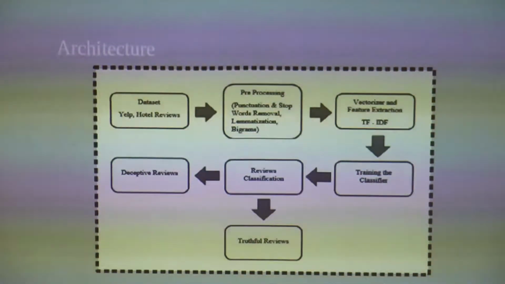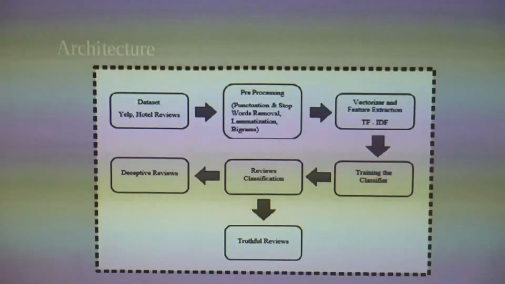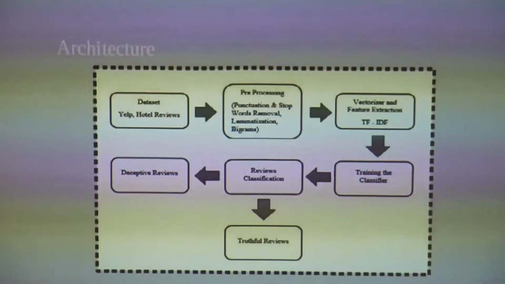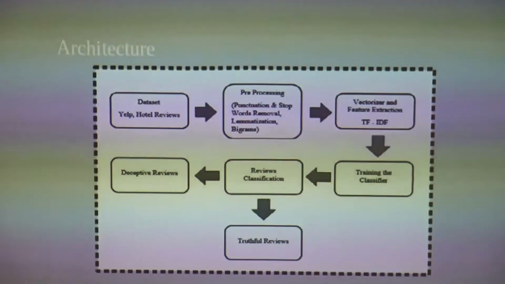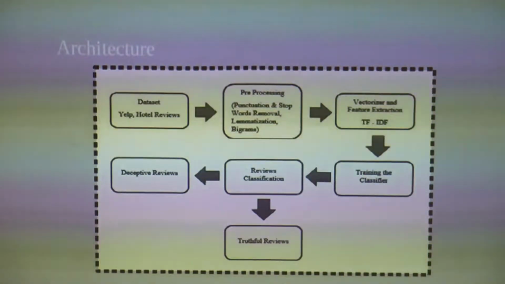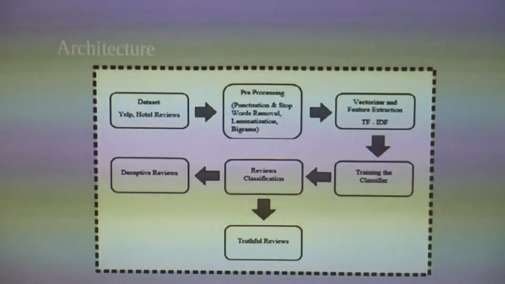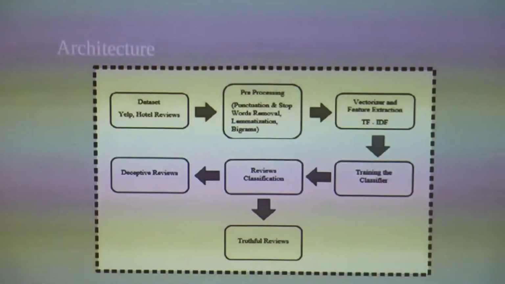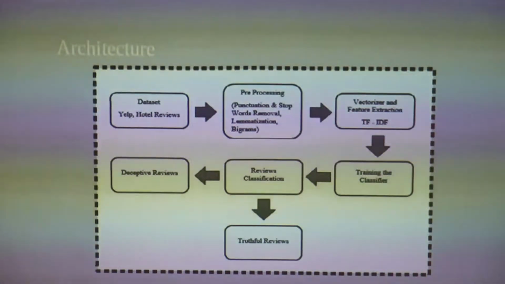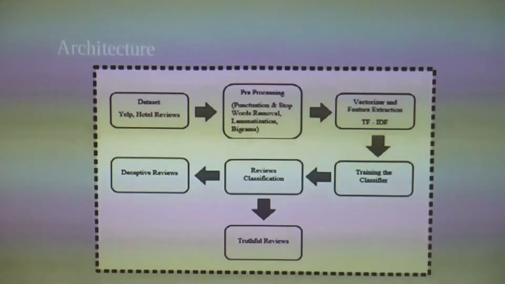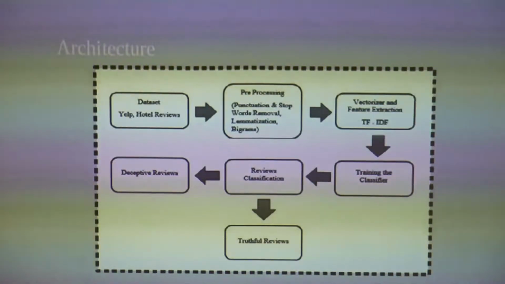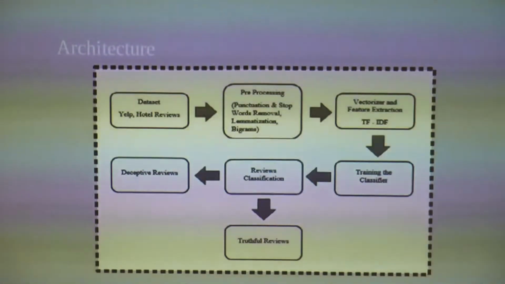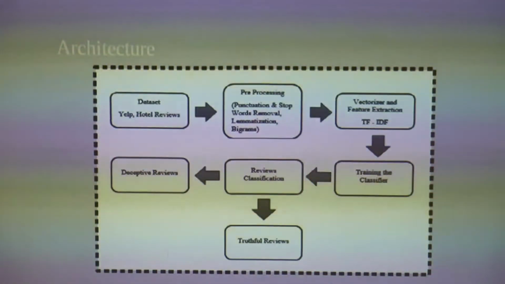model considers the data set, for instance, the one extracted from the hotel reviews. The preprocessing is, as I said, we eliminate the stop words, and we consider only lemmatization and bigrams. Then we apply the vectorizer for feature extraction, and we train the classifier to classify reviews into the classes truthful reviews and deceptive reviews.